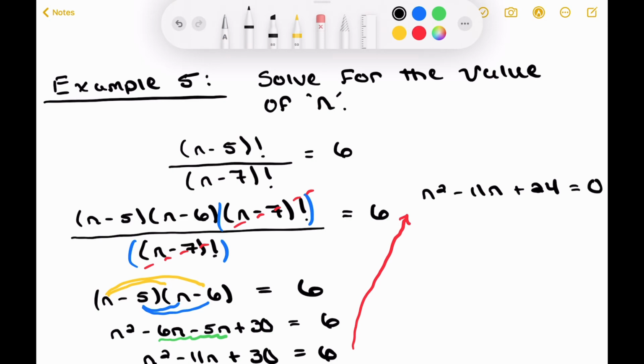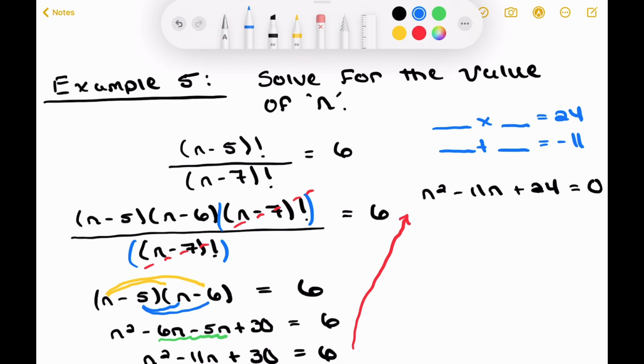Now, in order to get an n value here, this looks like a trinomial, so what we're going to have to do is say, let's factor this, and then that should give us n values. So when we factor any problem, we say what multiplies, and I'm going to draw it here above, we're going to say what multiplies to make the outside term. So we need what multiplies to make 24, but then what adds to make negative 11.